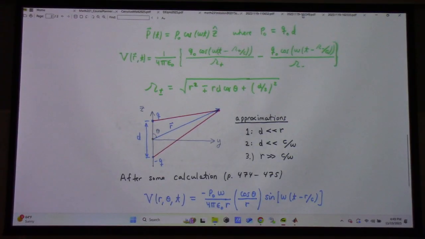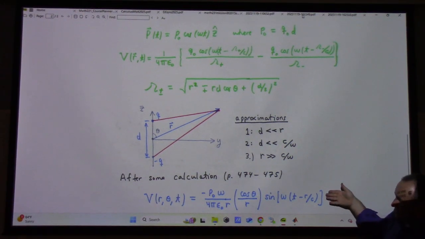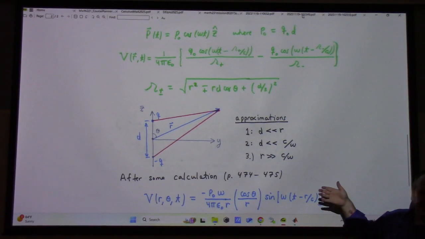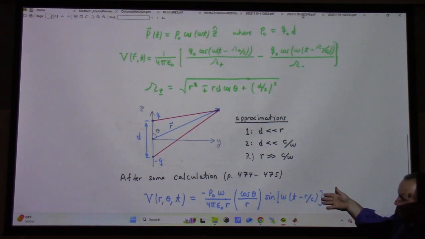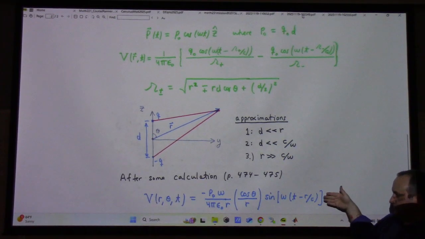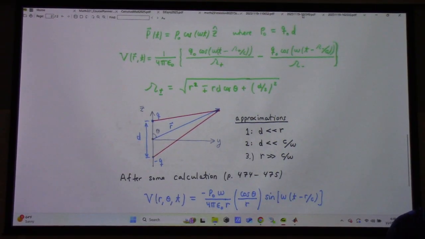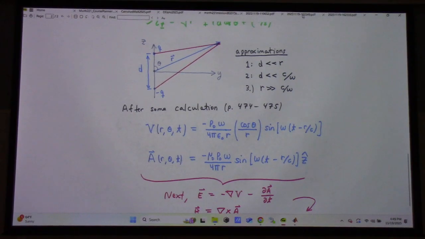So these three approximations are used together to simplify the mathematics down to the point that it's kind of manageable. Some power series and binomial series kind of stuff happens. And after considerable calculation, he shows that the potential is this, and then the vector potential is that.